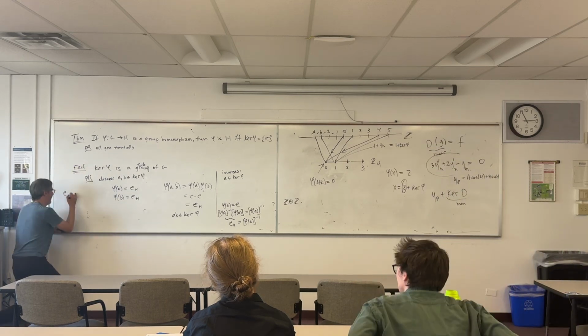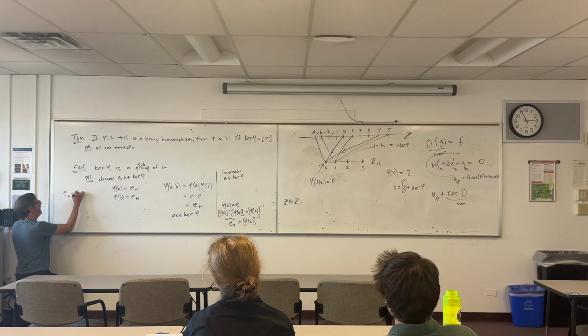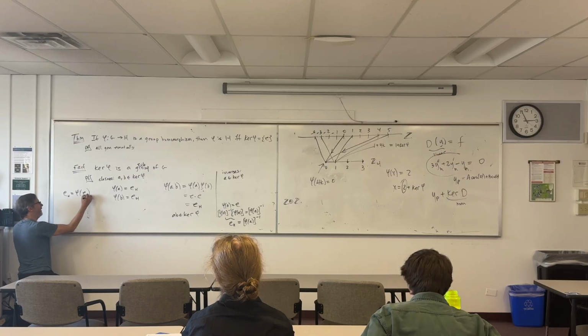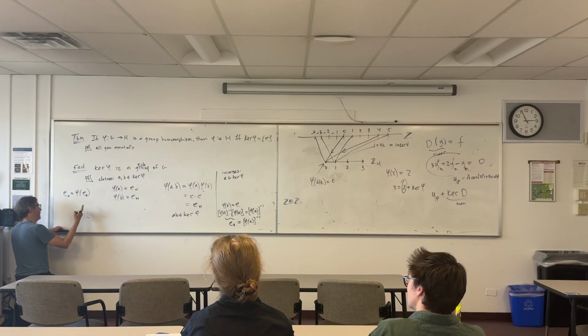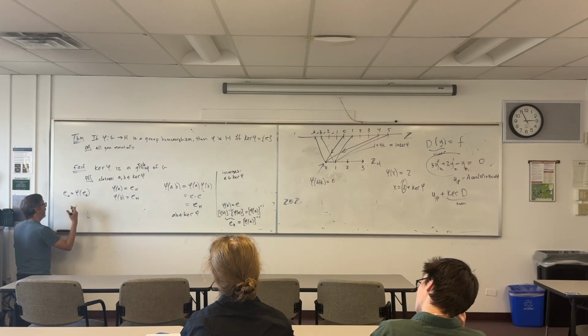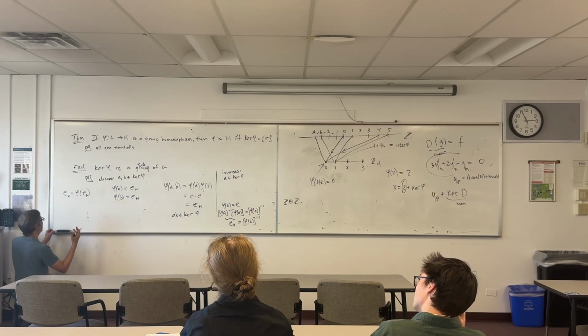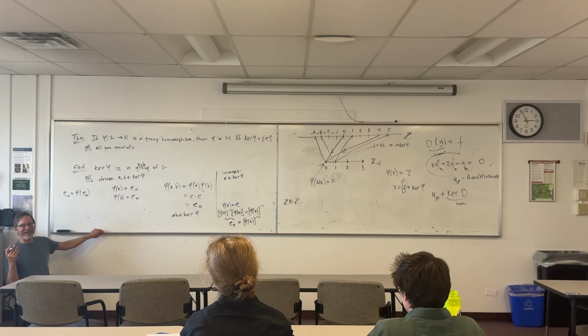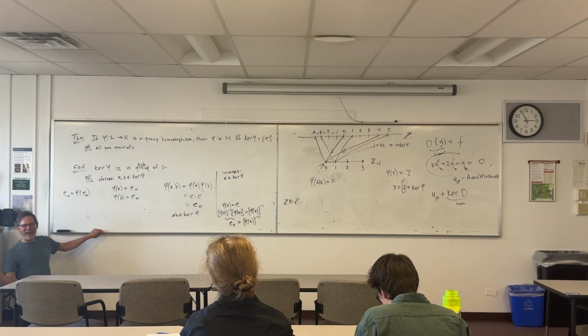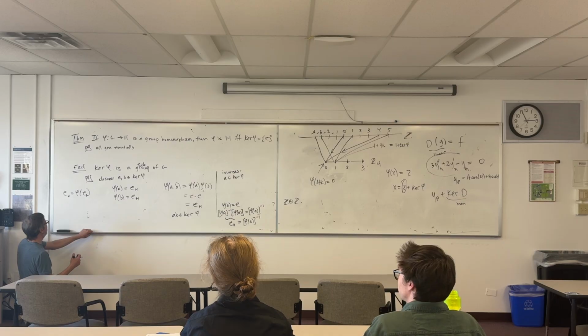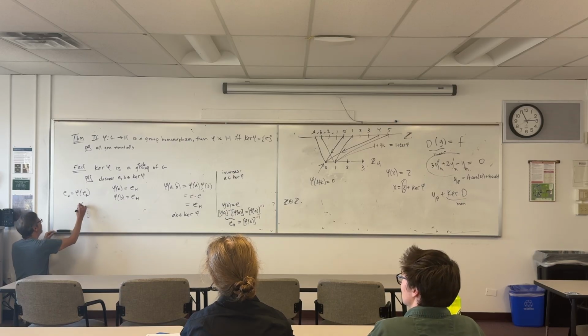The identity in H is phi of the identity in G. That's a simple property of homomorphisms. Do I need to prove that? Because I can. It should be proven at some point. It can be proven. It's actually pretty chill. Heck, I'm going to prove it to you. I'm just going to go with this.